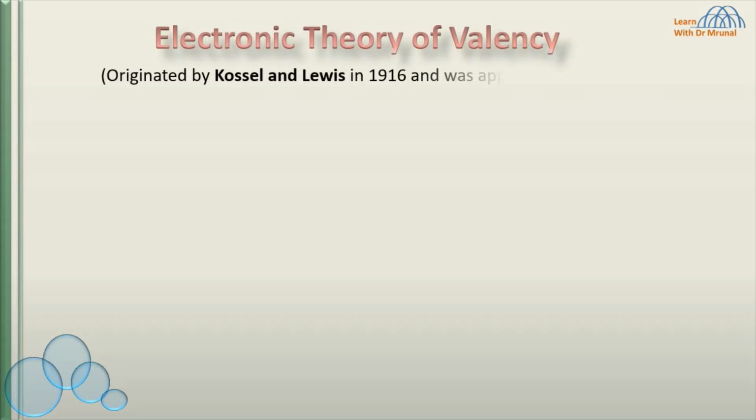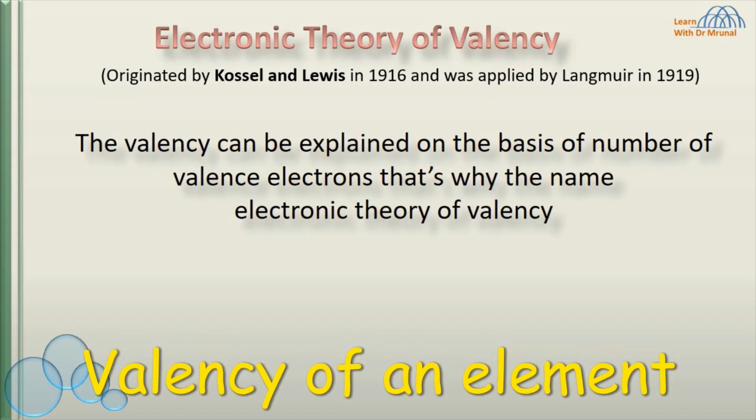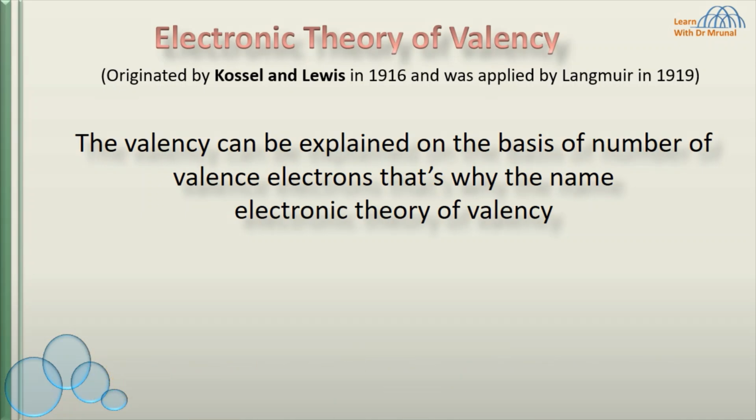Now we have basic knowledge to understand the electronic theory of valency. As the name implies, this theory is about valency of an element. Valency can be explained on the basis of electrons. That's why the name electronic theory of valency.